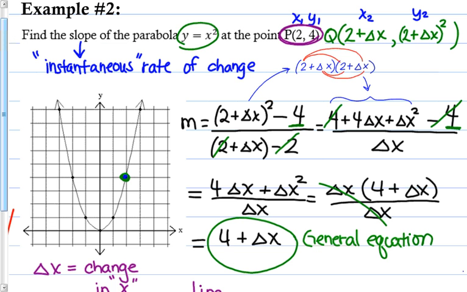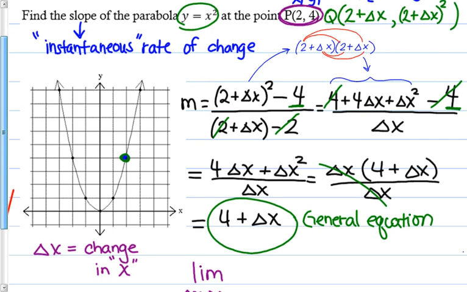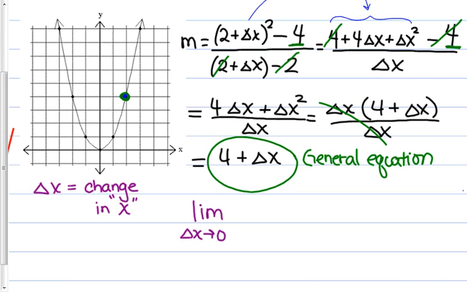I mean, the change in my x is going to be so small that it's basically practically zero. So if I do the limit as delta x gets really small, basically non-existent, of this equation 4 plus delta x, well, using limits tells me that delta x is 0, or at least you can plug that in, and my answer would be 4.